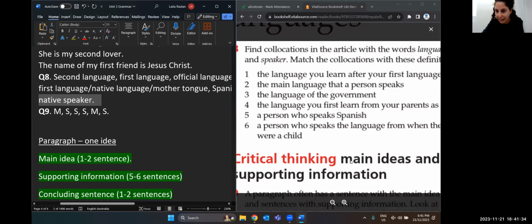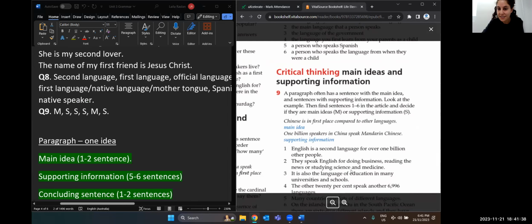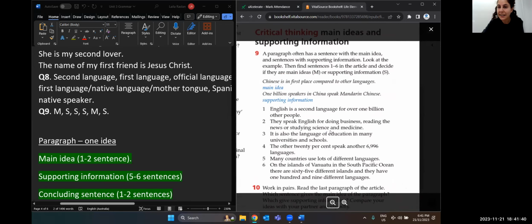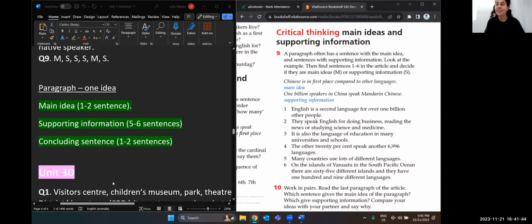Okay, let's look at writing paragraphs. When we write, we need to have a paragraph, and a paragraph separates our ideas. In the first sentence of a paragraph, you have one or two sentences, and then you have supporting information. So you're giving examples, and then a concluding sentence to just sum up what you've said.